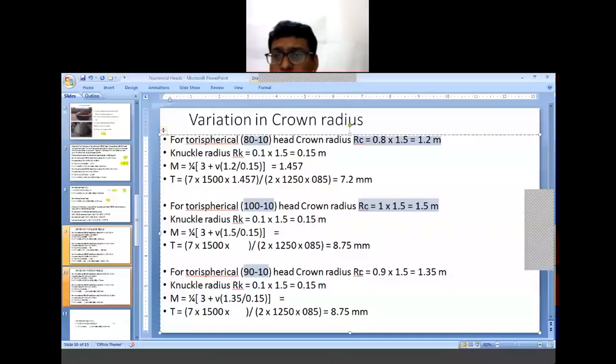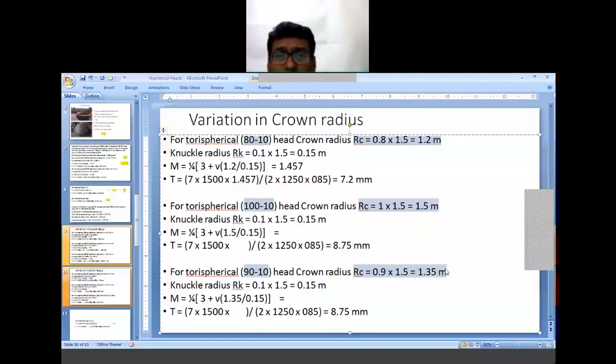Similarly, the crown radius will be calculated as 80% of the vessel diameter, that is 1.2. Then the crown radius for 100-10 is 1.5 meters, and for 90% the crown radius comes as 1.35.